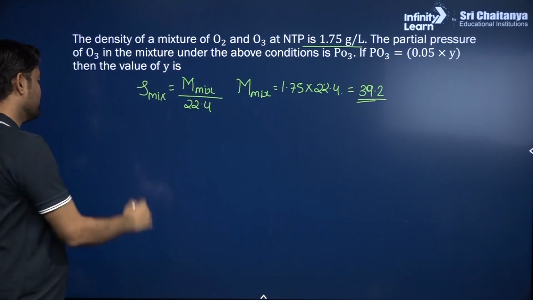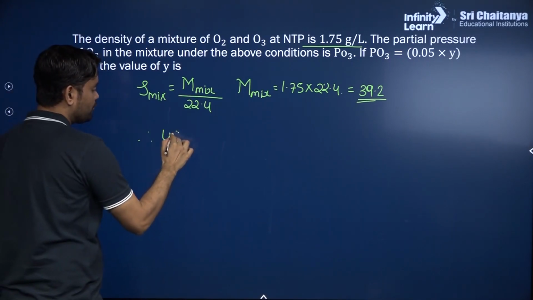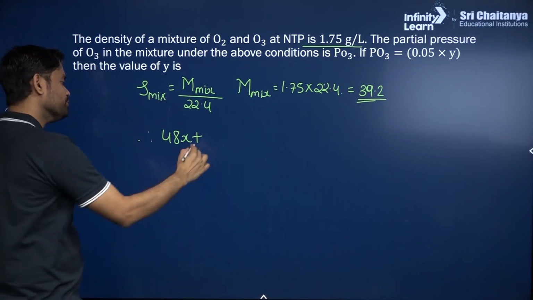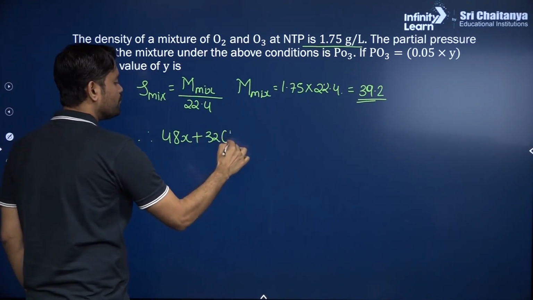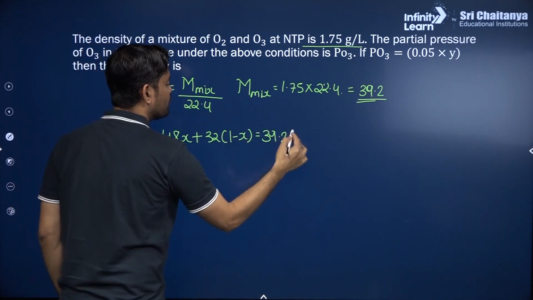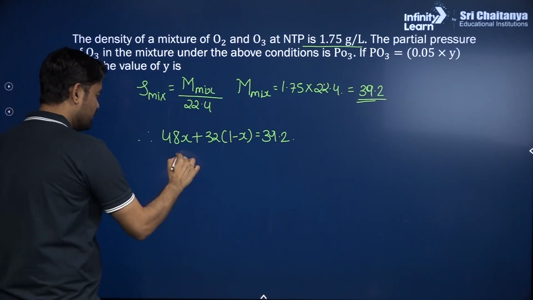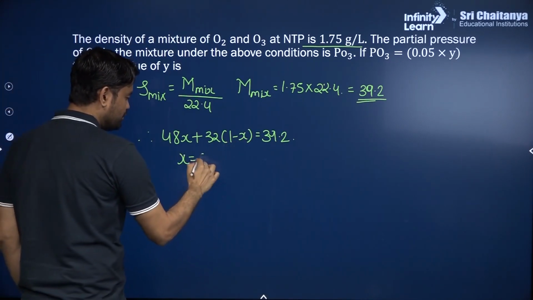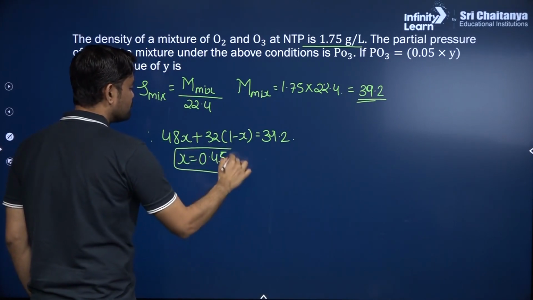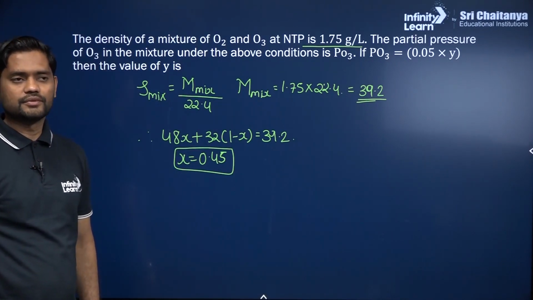Clear? Therefore the equation will be 48 times x into, is this thing clear? And over here, if you calculate this value, x will get as 0.45. Got it?